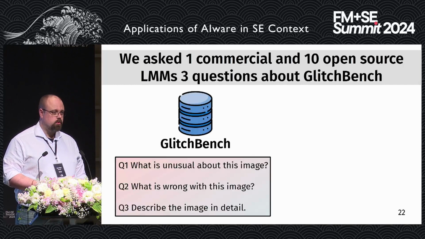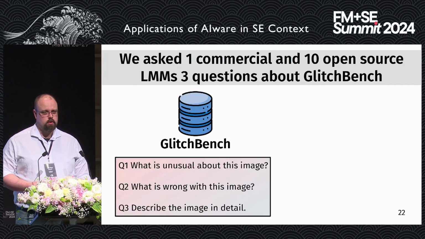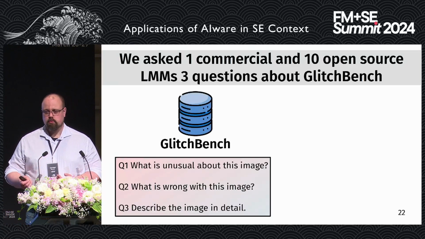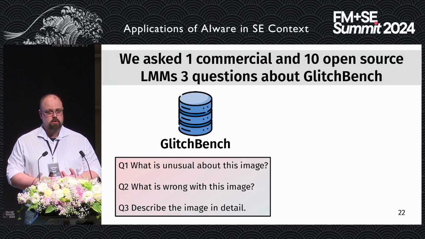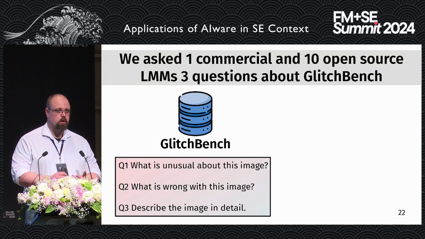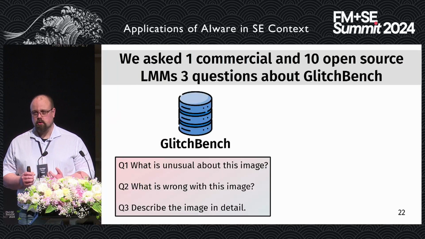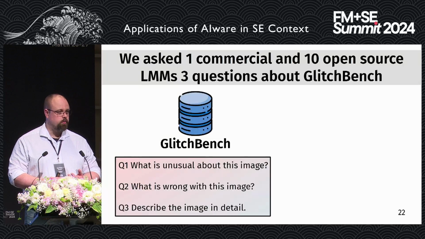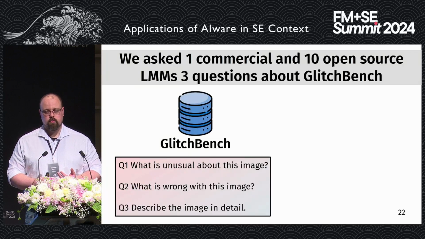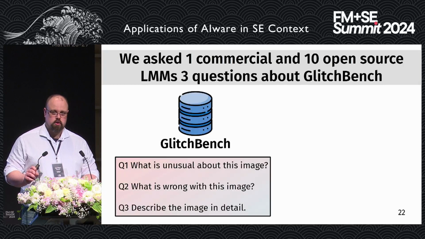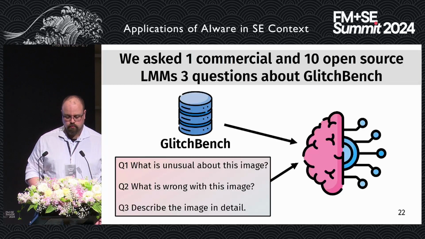And the third task was to describe the image in detail. So the idea is that the first 2 questions give us an idea of the bug detection capabilities. And the third task helped us to understand why the model got something wrong for the first 2 questions, okay? Because we wanted to see if it was able to spot all the objects in the image, and if it was able to understand certain weird things in the image, and so on.